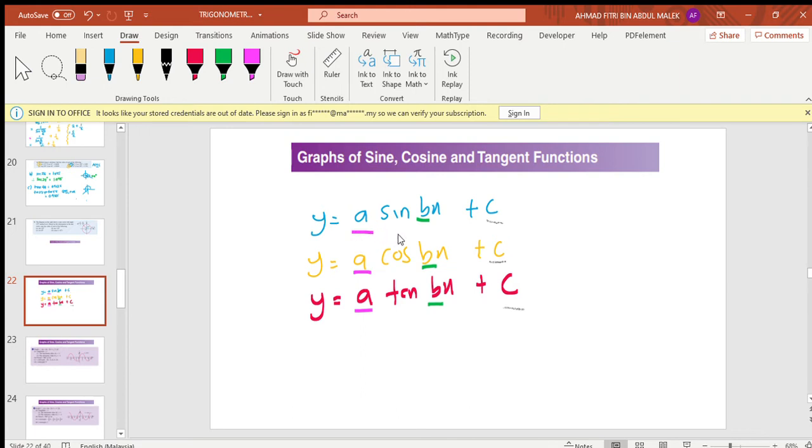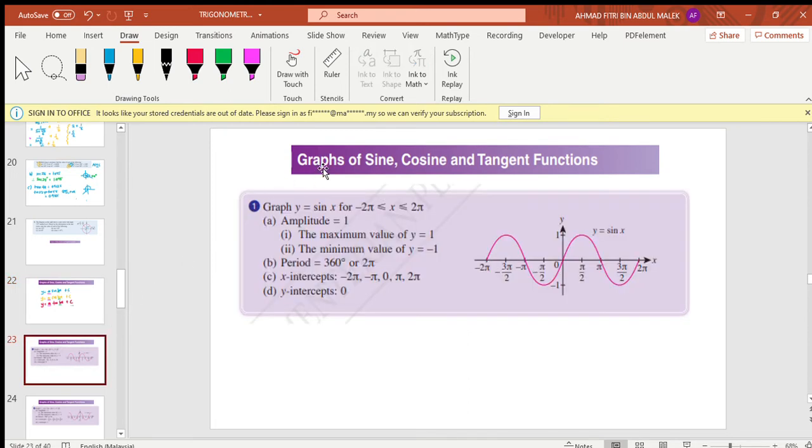We will start by knowing what the value a refers to, b refers to, and c refers to. For all of the functions, the values of a, b, and c refer to the same thing. For the sine graph, for example, I have this simple basic function y = sin x.